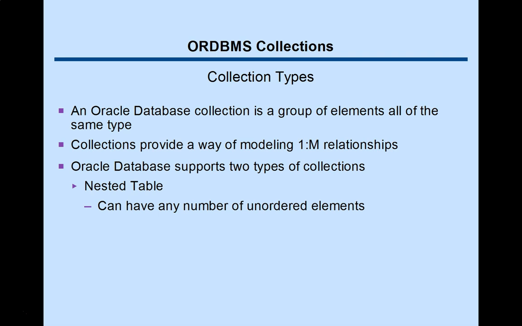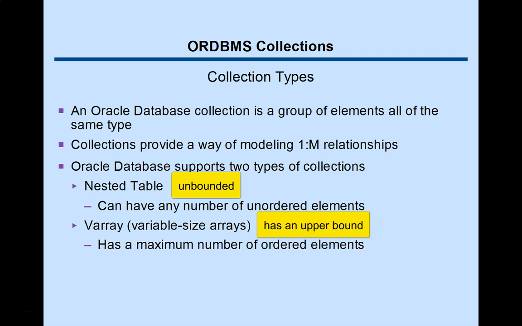We'll talk about this in more detail in just a moment. Then there's a V-array, what we refer to as a variable size array. When a V-array type is defined, we impose an upper limit or an upper bound on its capacity, so it has a maximum number of ordered elements.